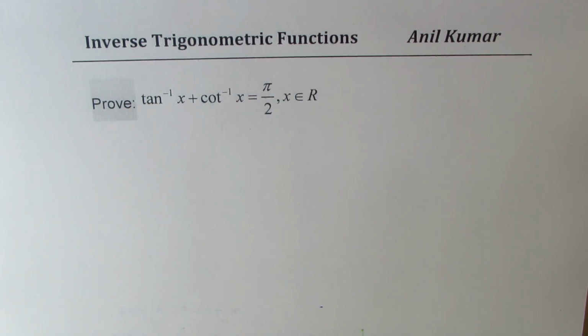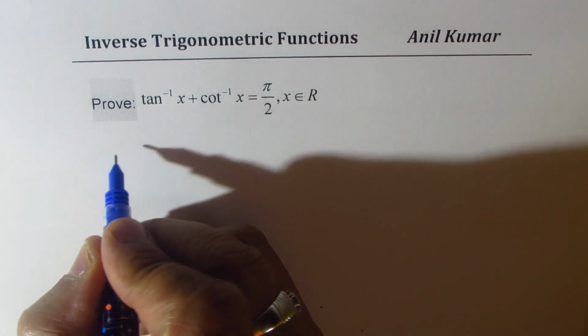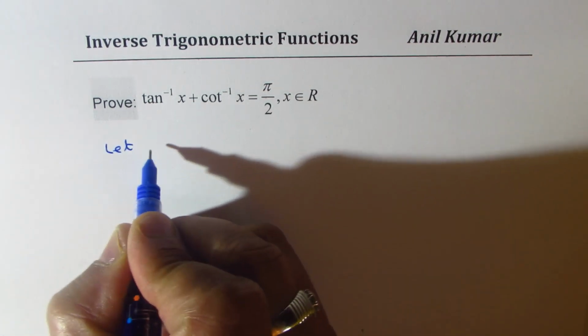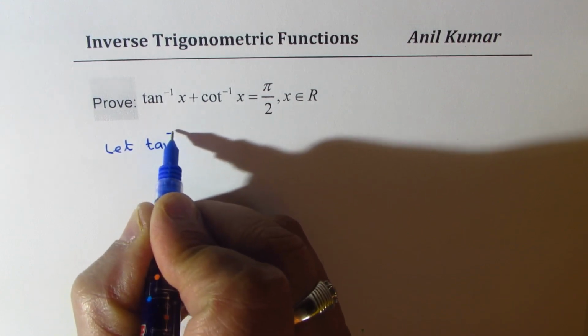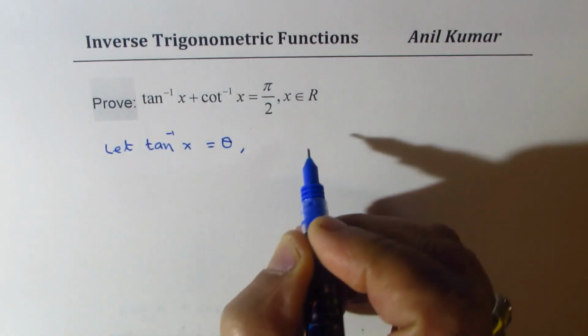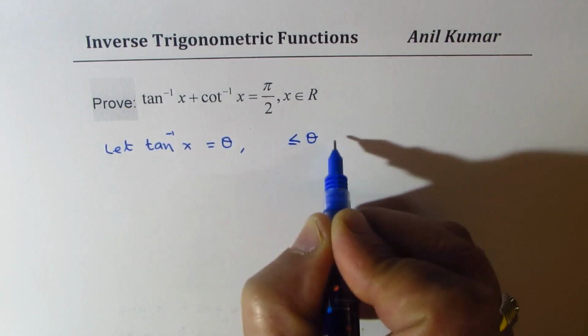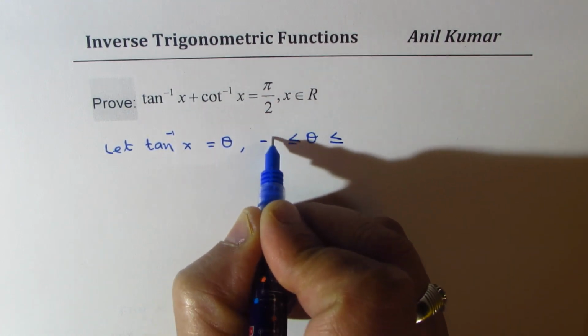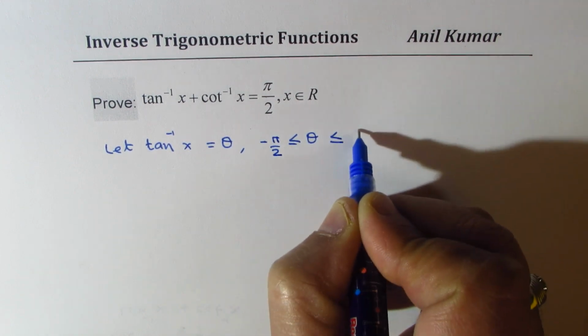So let's prove tan inverse x plus cotangent inverse x equal to pi/2 for x belonging to the real numbers. Now let tan inverse x be equal to theta. Now tan inverse x is defined when theta is between minus pi/2 to pi/2, correct?